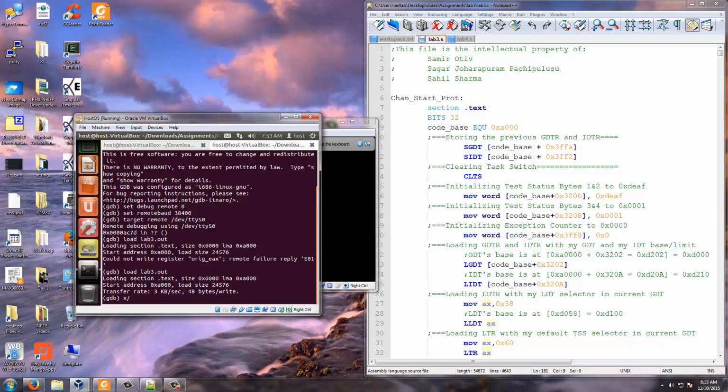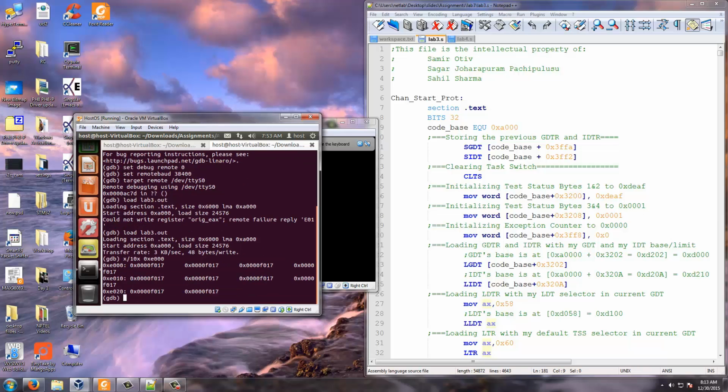First and foremost, let us go and see x/10x of 0xe1000. So all the entries in e1000, as you see, point to f1000. Right. So this is how the page directory entry looks.